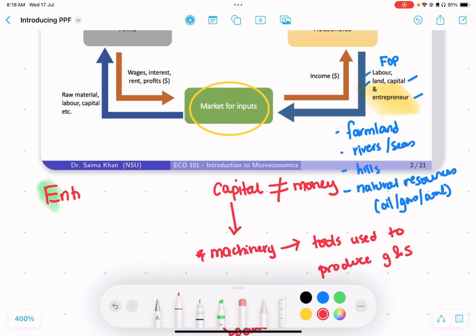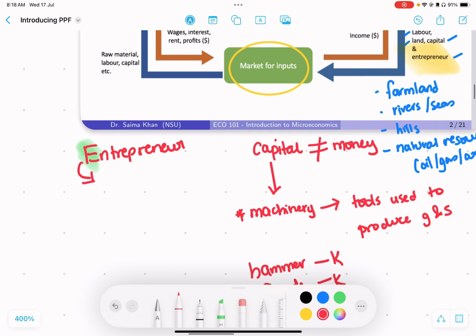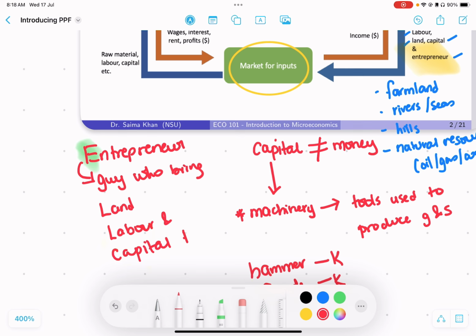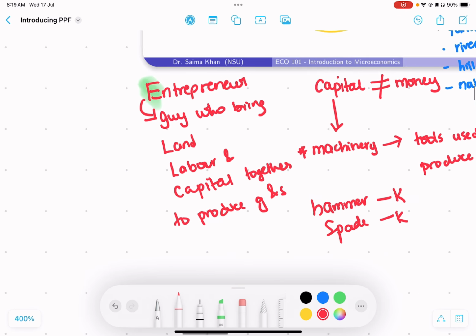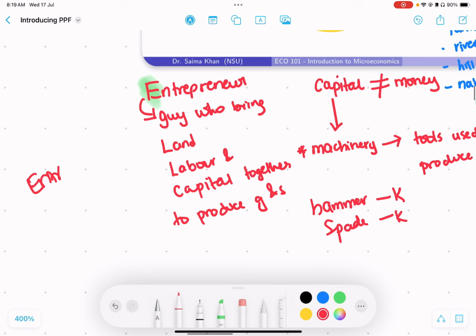Entrepreneur, which is a very difficult word, hard to spell, hard to pronounce, is basically the guy who brings land, labor, and capital together to produce goods and services.